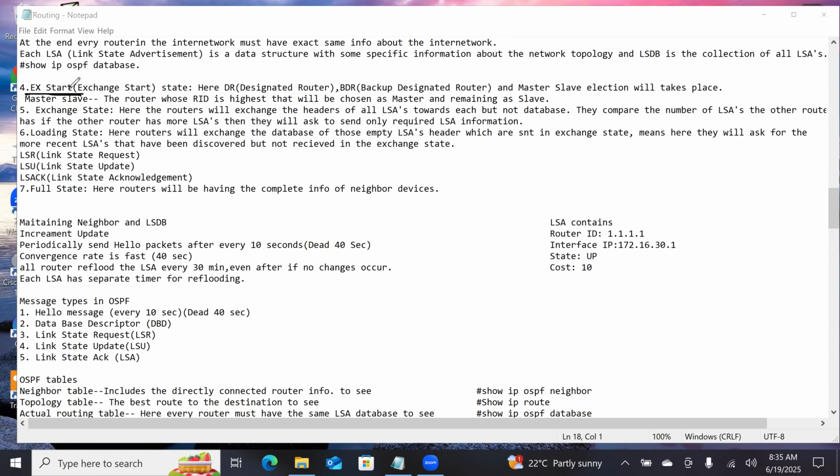In short, we call it ExStart. What is this? The exchange start state, where the election process takes place. Here also we have an election. Election of what? DR and BDR.